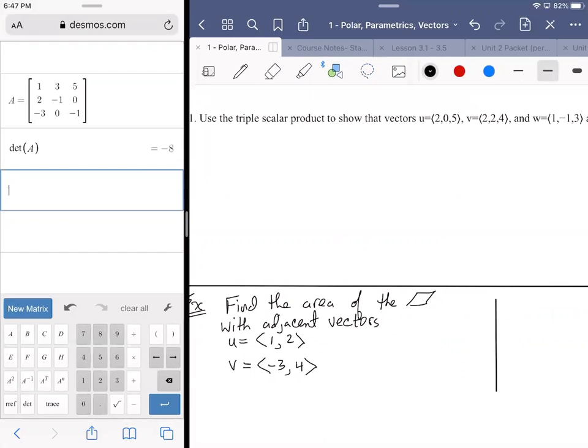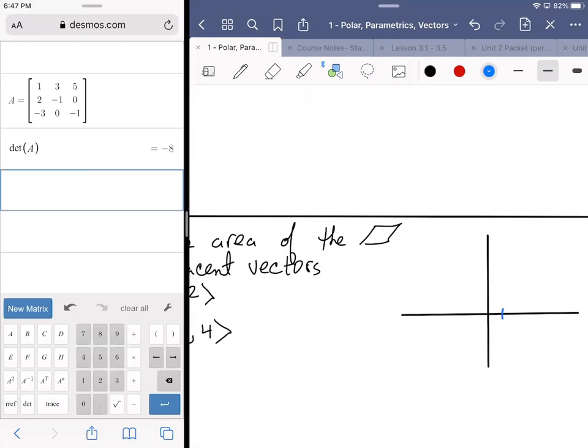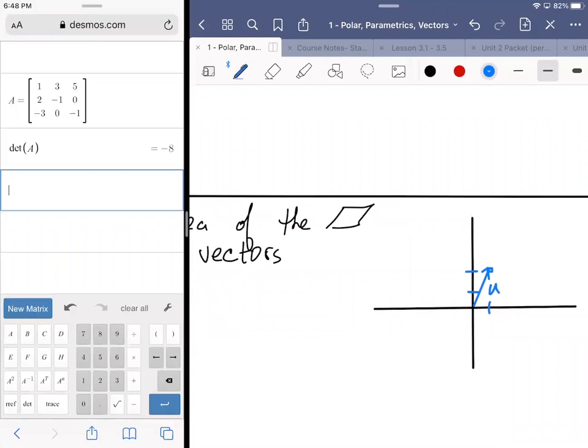I don't want to deprive you of any fumbling around, though, so I'll make sure I screw something up. And so 1, 2. So that's my U. My V is -3, 4.